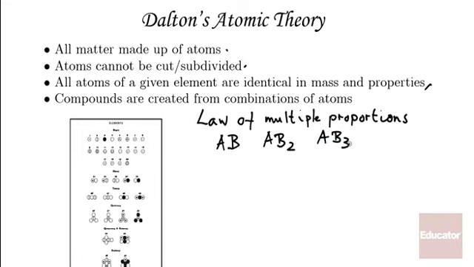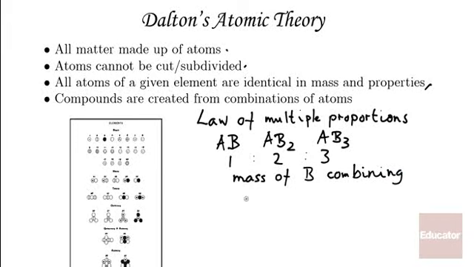Then you can see very directly that if we determine the masses of B that combine with a fixed mass of A, those masses will be in a simple integral relationship. 1 to 2 to 3 will be the mass of B combining with a fixed mass, the same mass of A. This is a consequence of Dalton's ideas.